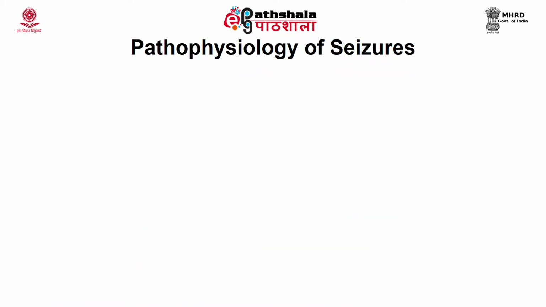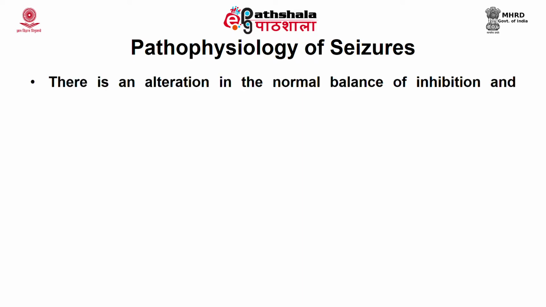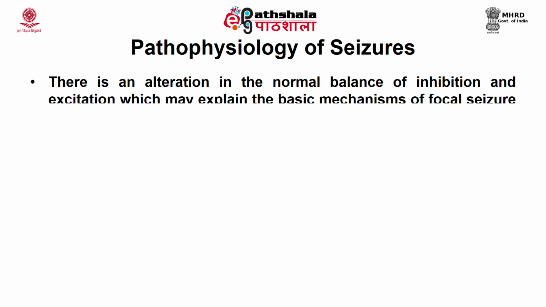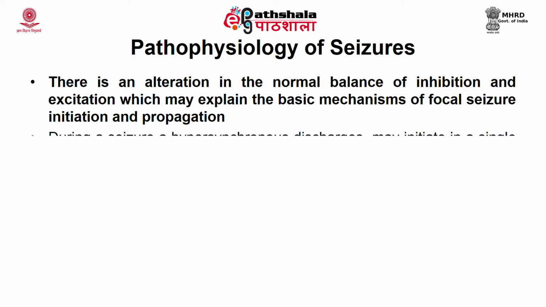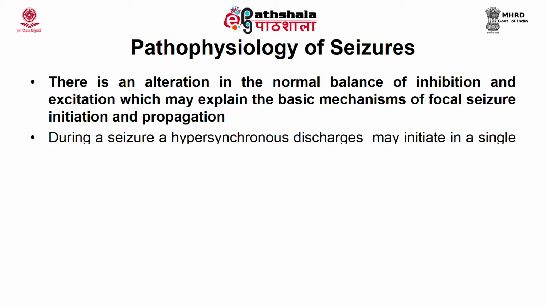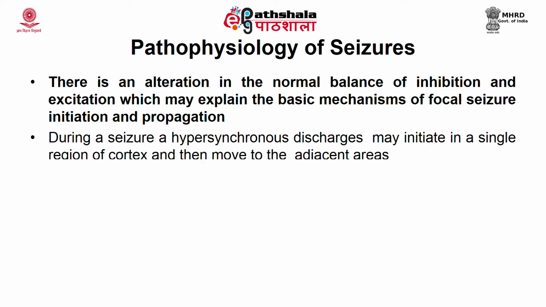So, if we look at the pathophysiology of seizures, basically there is an alteration in the normal balance of inhibition and excitation, which may explain the basic mechanism of focal seizure initiation and propagation. Actually, during a seizure there is a hypersynchronous discharge which may initiate in a single region of cortex and then move to the adjacent areas.